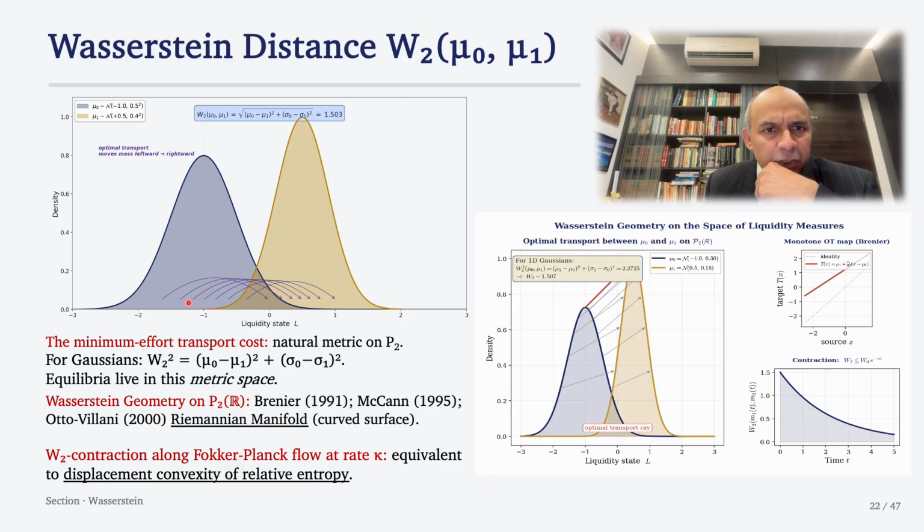The transport picture on the left shows this shift happening, and the optimal transport moves mass smoothly from left to right along straight rays. On the right, you can see the contraction rate kappa, where W2 contracts. This contraction is equivalent to displacement convexity of relative entropy.